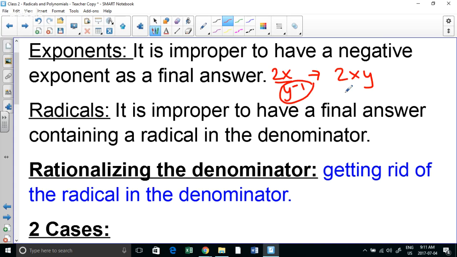We have a similar idea with radicals. So with radicals, it is improper to have a final answer containing a radical in the denominator. You cannot have this in the denominator. So denominator, we remember the bottom half of the fraction.